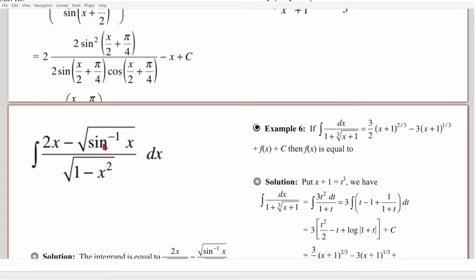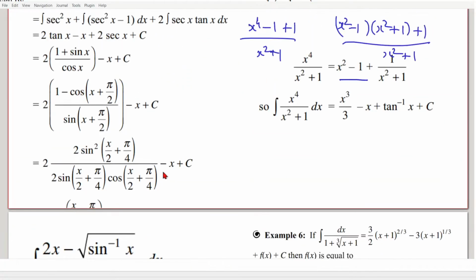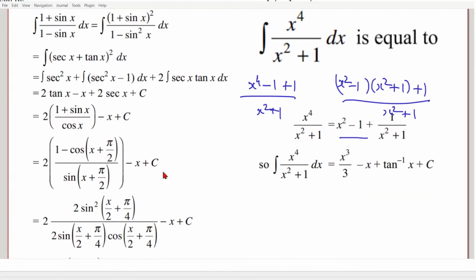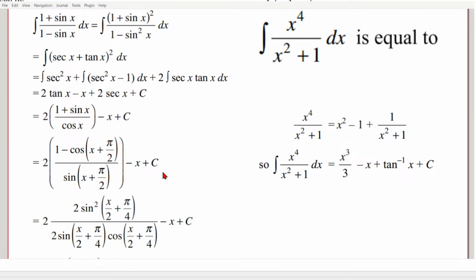I have one doubt in the previous one. Sir, can you explain how you arrange the terms after dividing? Okay, wait. The remainder is one only, no? x power 4 minus 1 plus 1, okay? This is x square minus 1 into x square plus 1, whole divided by x square plus 1.